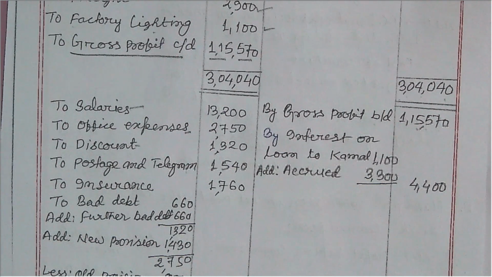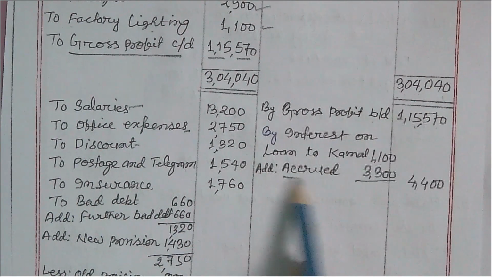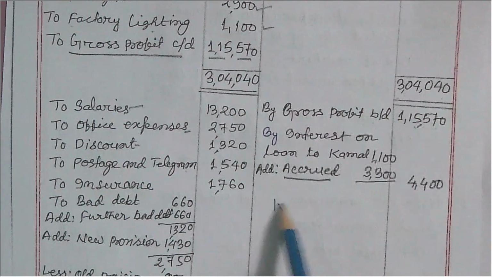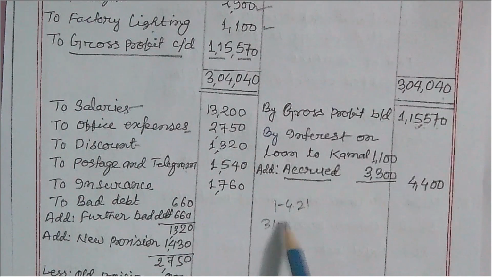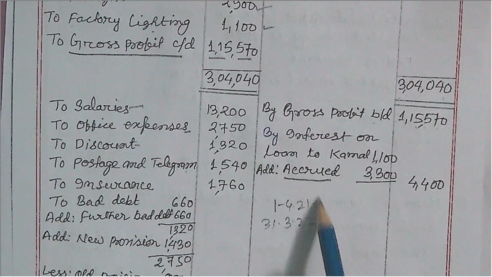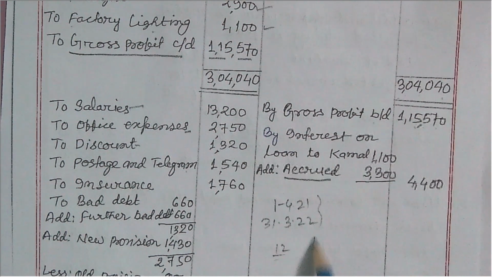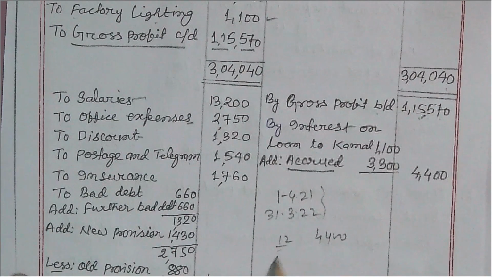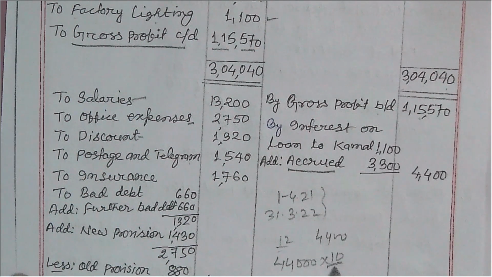Gross profit brought down, interest on loan to Kamal, 1,100 accrued. Accrued is written because the loan was given on 1/4/21, then till 31/3/22, 12 months interest. So 12 months interest is 4,400 because the loan amount given is 44,000, and the rate of interest is 10%.